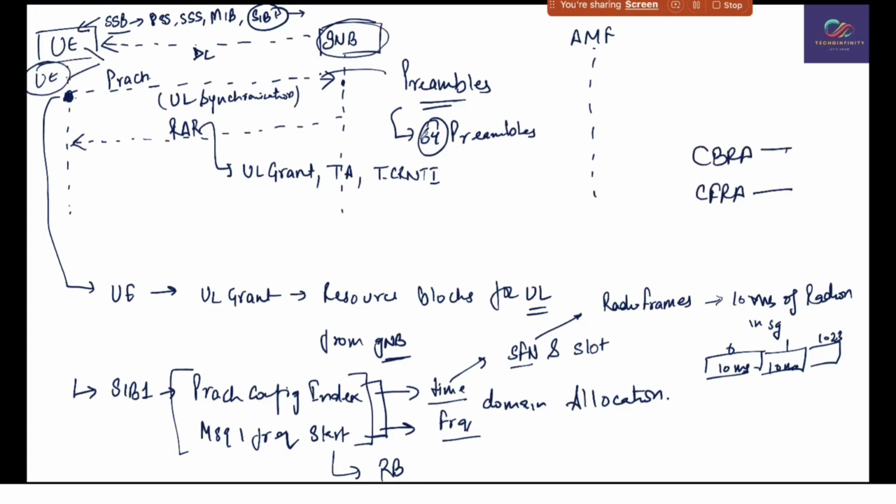Now, as we are sending only a sequence ID to the gNodeB, to tell it to provide me the grant to send out the third message, which is called the RRC connection request, I send out the first message and get the uplink grant, timing advance, and TCRNTI. For that sequence, I don't need 15 kilohertz of subcarrier spacing.